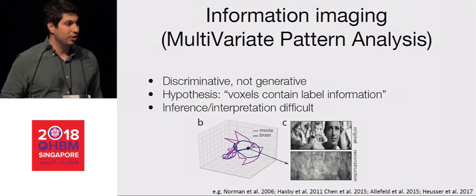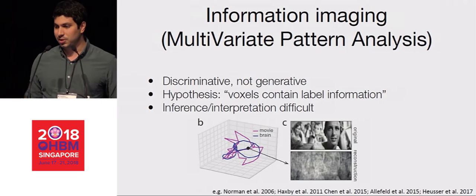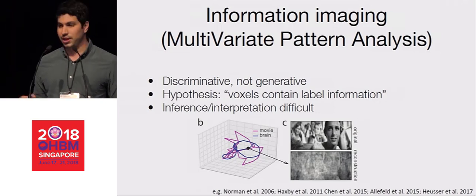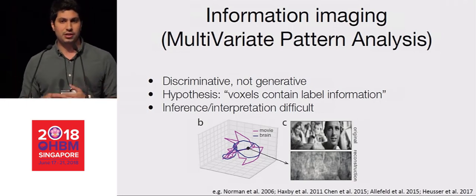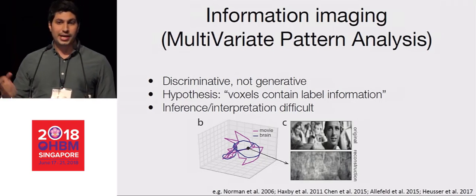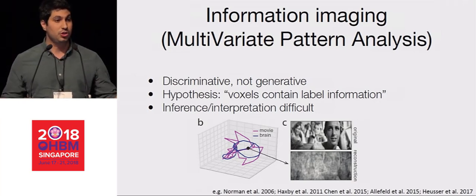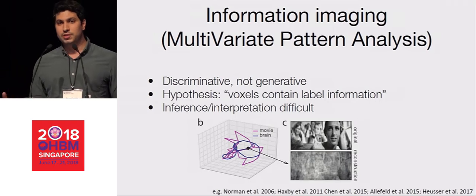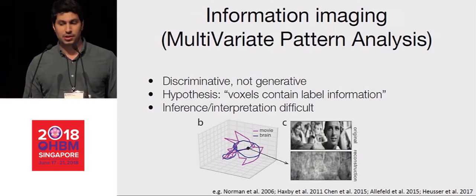Can we do prediction using our data? And so, for example, this is a very nice picture from Huth et al. just last year, showing a figure of how we can infer structure in the frame that was shown to the subject from the brain activity. And so kind of what we gained was we were able to suddenly utilize the spatial information that was unusable before. What we lost was that inference was more difficult and less easy to interpret.